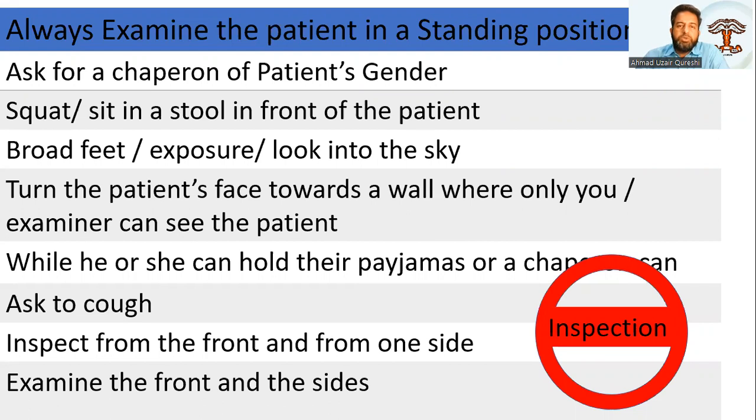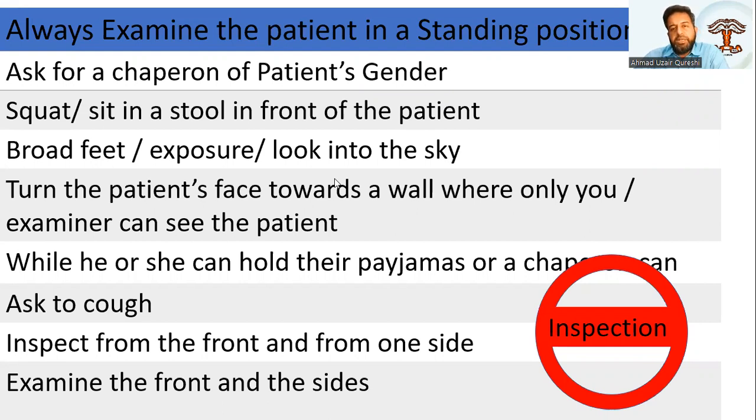You are going to expose the genital areas of a male or a female, so you definitely need a chaperone or someone to assist you during the examination. And remember, male or female, you always get confused, but it is preferable that you bring someone of the gender of the patient.